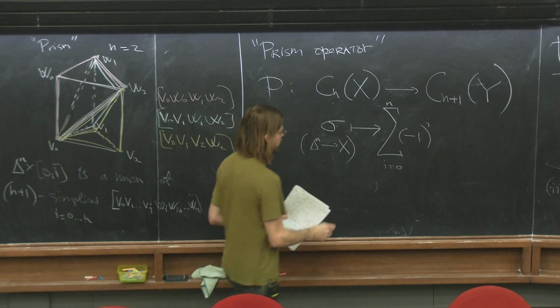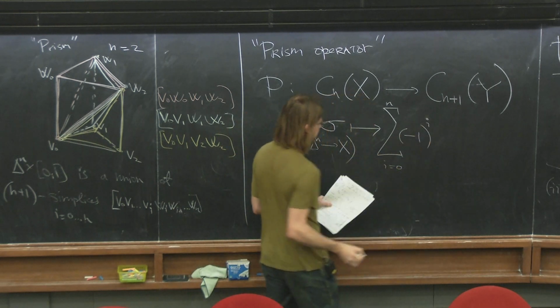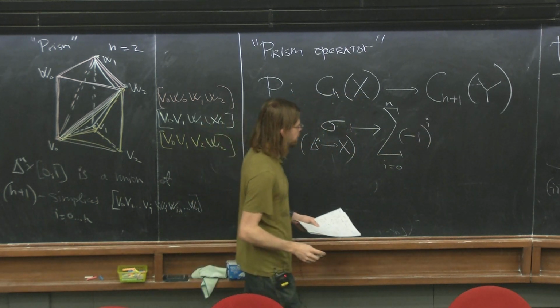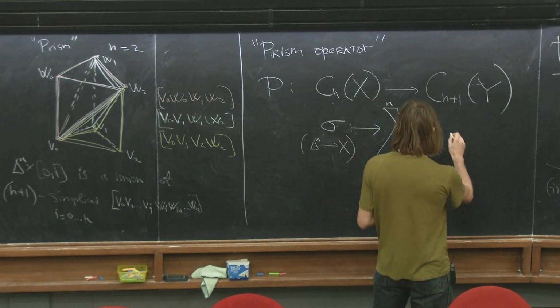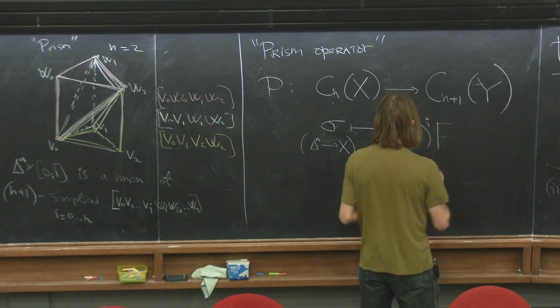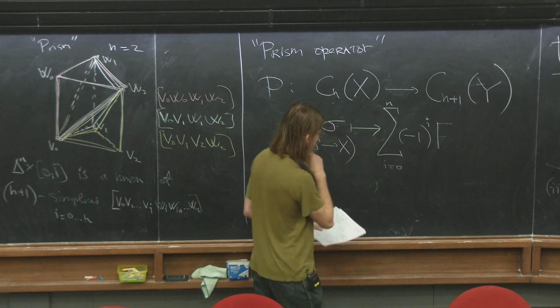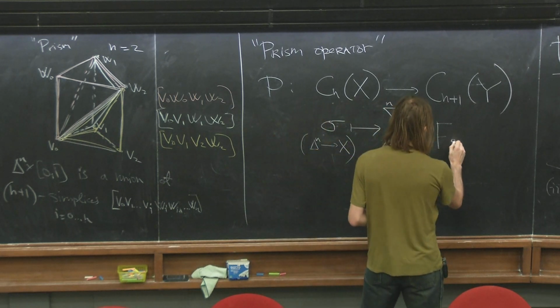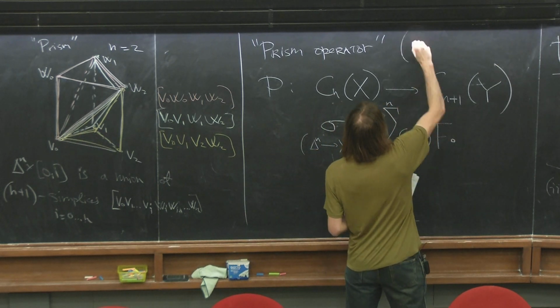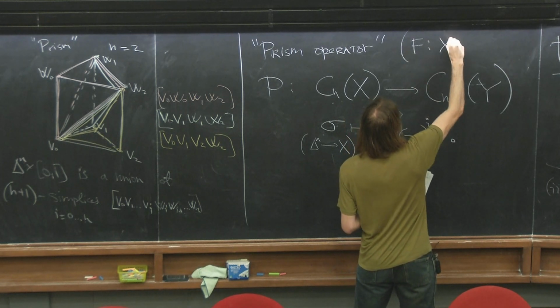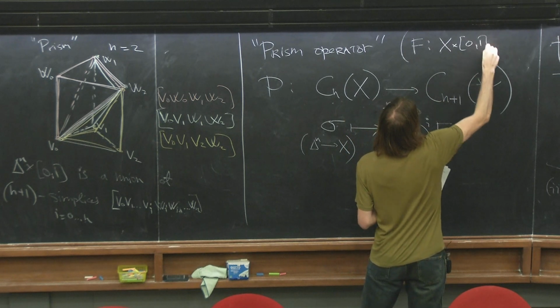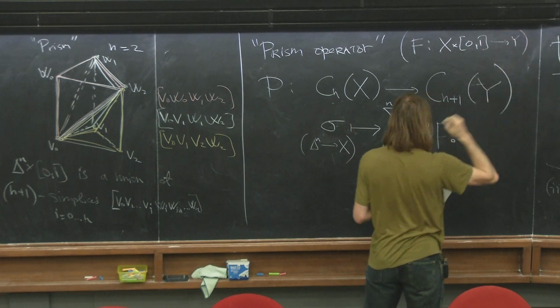In a certain rough sense, it's similar to the formula which we have for the boundary homomorphism. It's a bit more complicated. And here you consider the composition of F. Reminder, F was our homotopy.